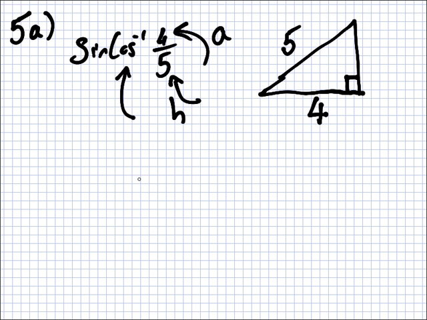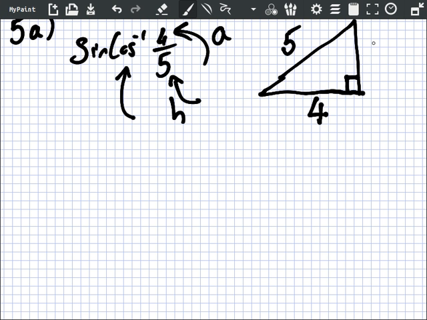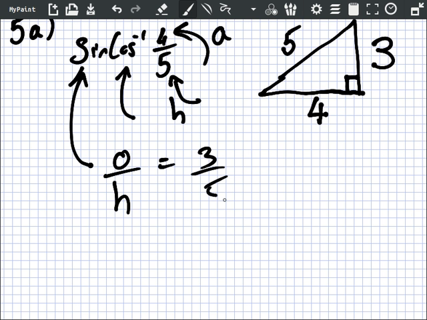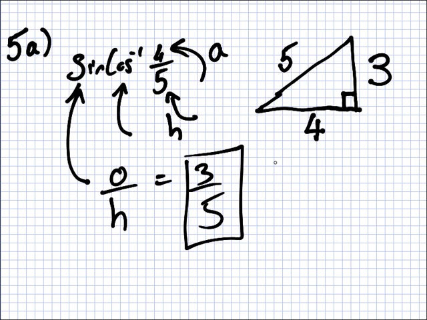And then Pythagoras tells us 3. Then we use the sine. Sine is opposite over hypotenuse, which in this case is 3 over 5. There you go. That's the answer.